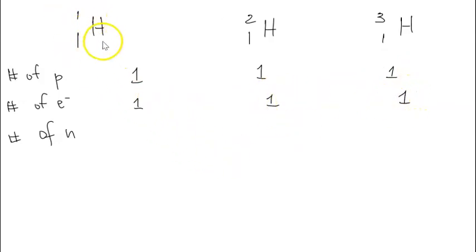For protium or hydrogen, we have 0 neutrons.